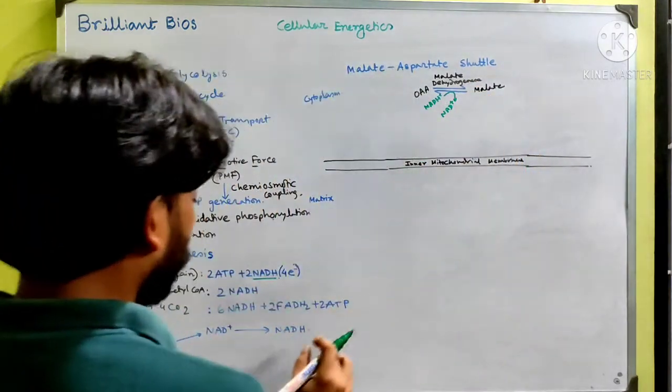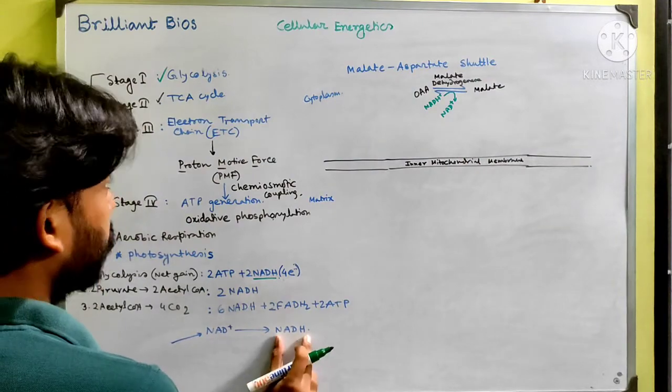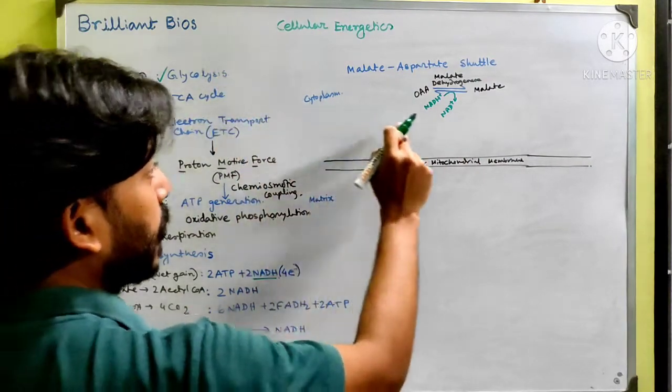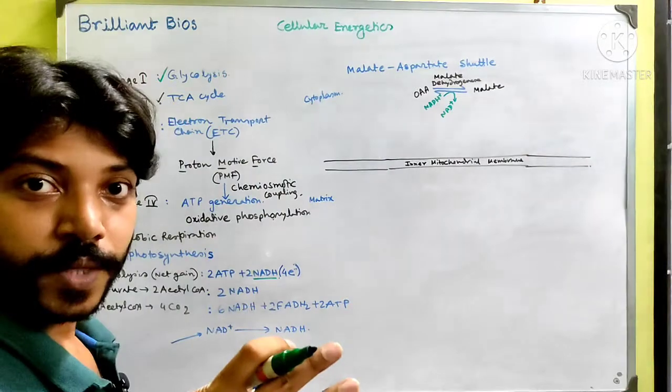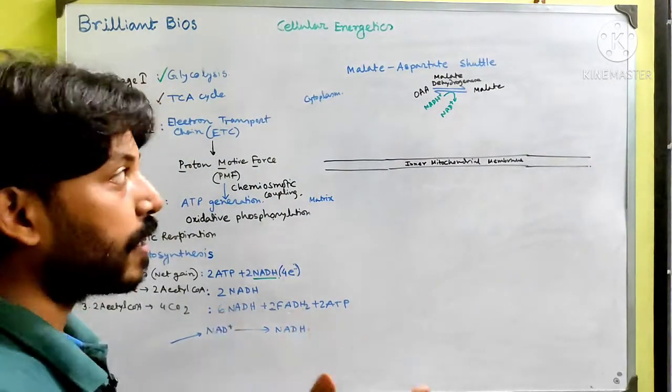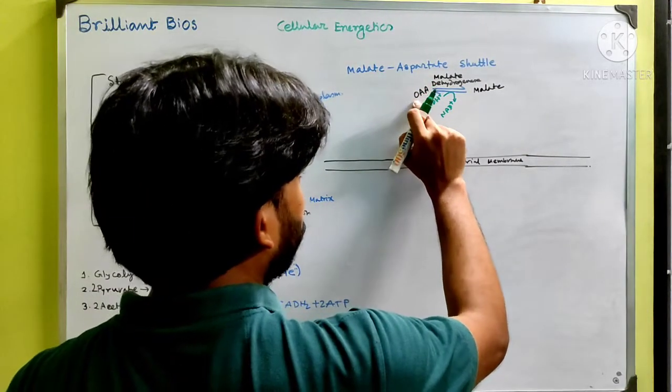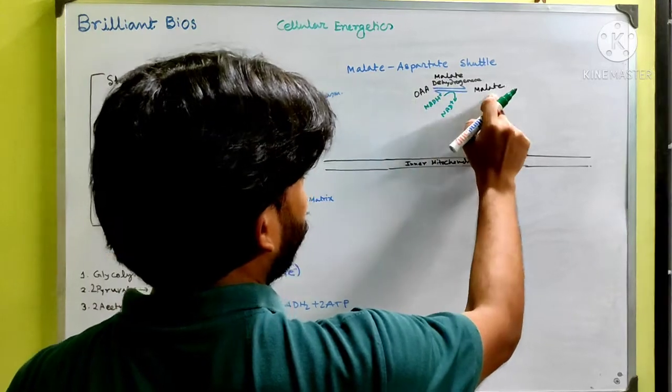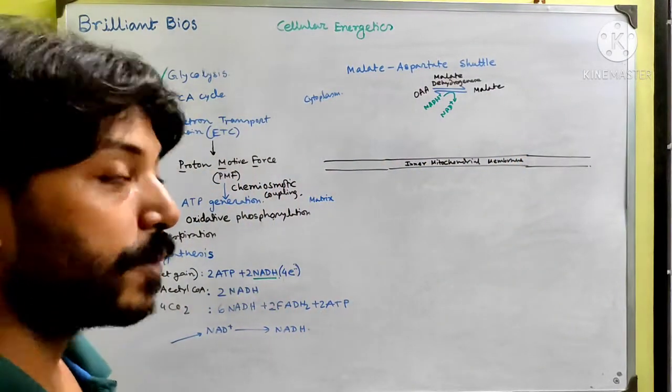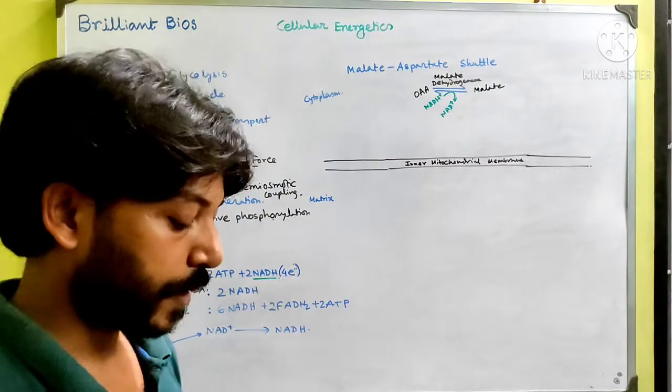You can see the NADH generated from glycolysis releases its high energy electron and the hydrogen to the oxaloacetic acid, and then oxaloacetic acid is converted into malate. This is a simple fact that occurs.